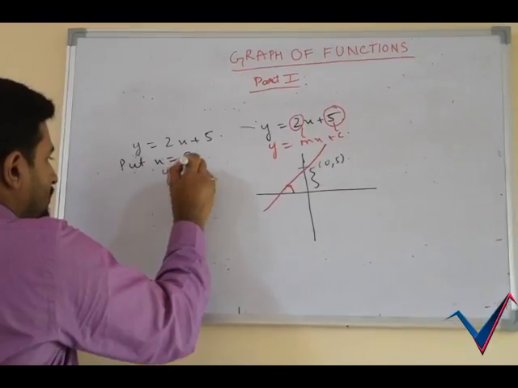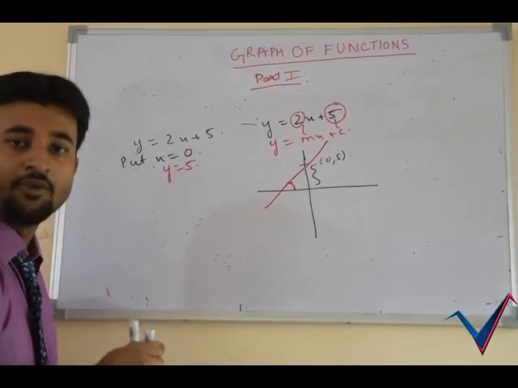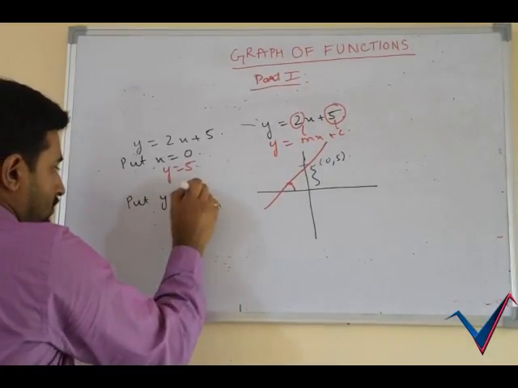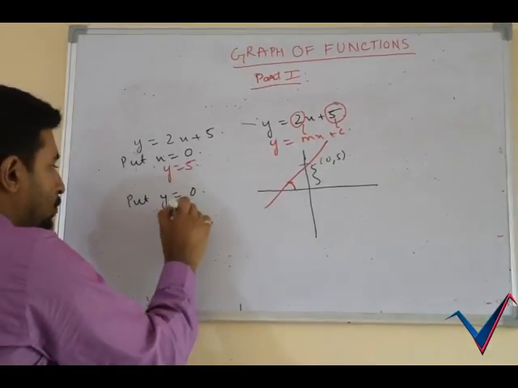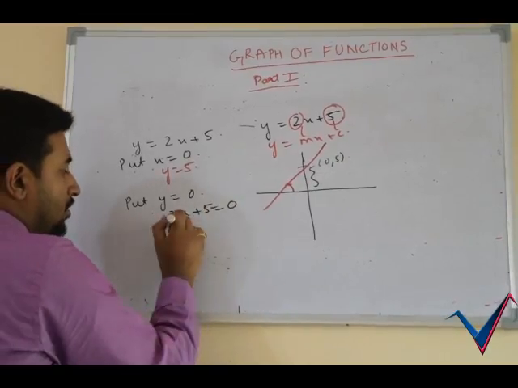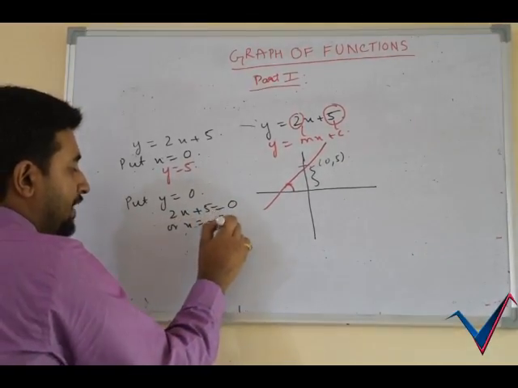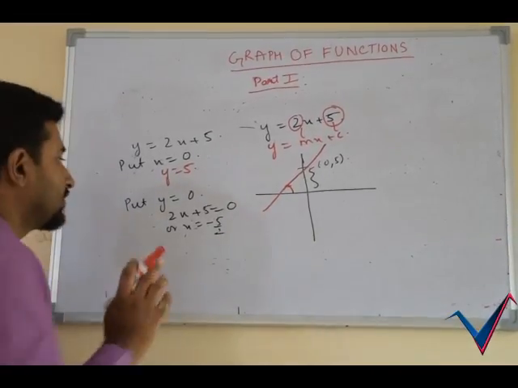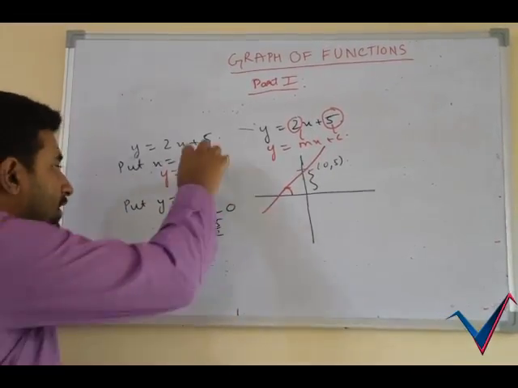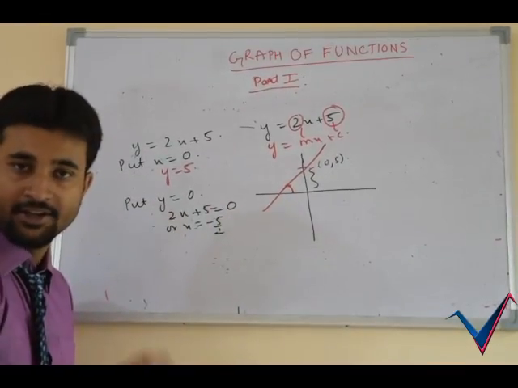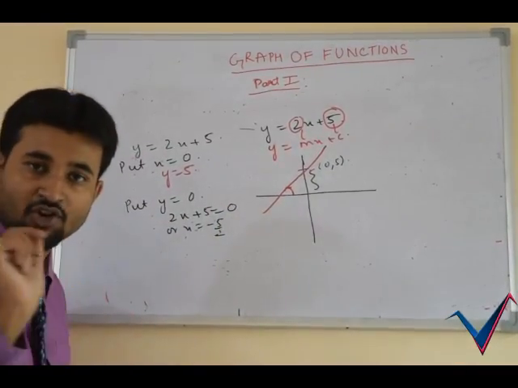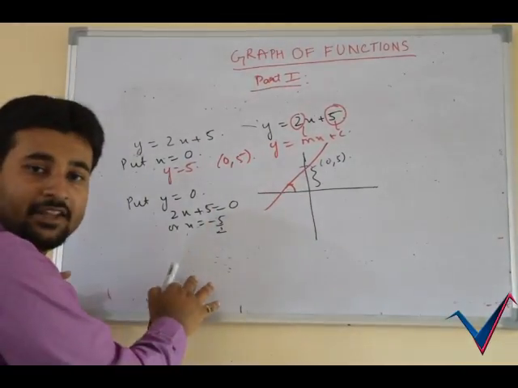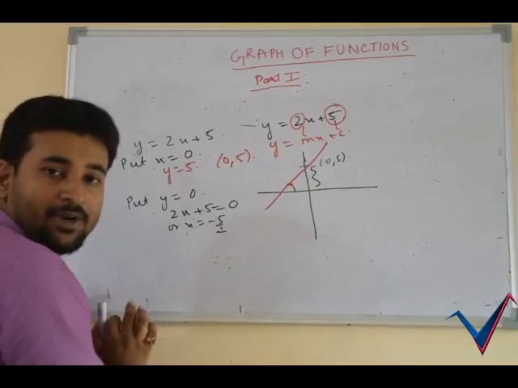Now put y equal to 0, and x equal to minus 5 by 2. In terms of coordinates, this point is (0, 5), and this one is (minus 5 by 2, 0).